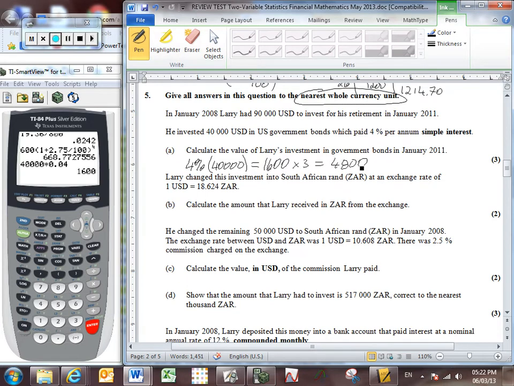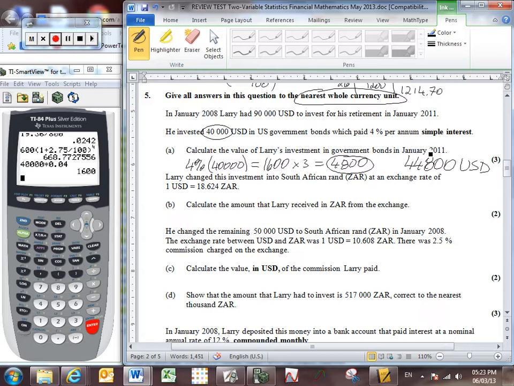So it says calculate the value of Larry's investment. He has the original 40,000 plus this 4,800. That gives him a total of 44,800 US dollars. And there's your answer to part A. So sorry, that should have been given to you.